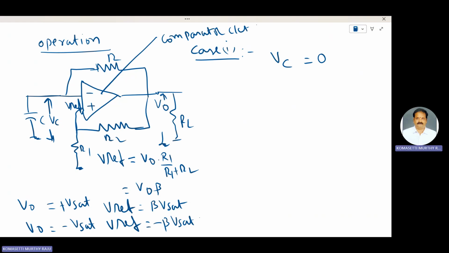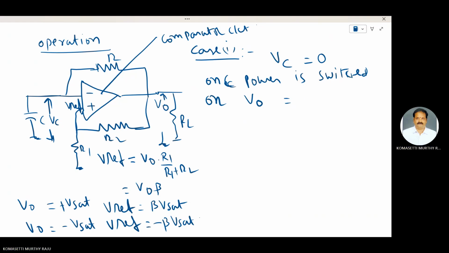Once power is switched on, V0 is equal to the total output offset voltage, V over T. Initially VC is equal to 0.